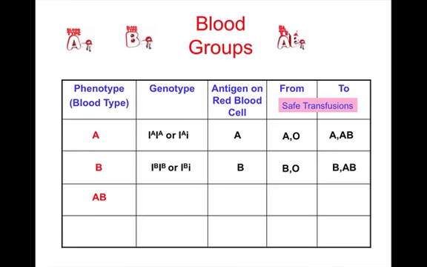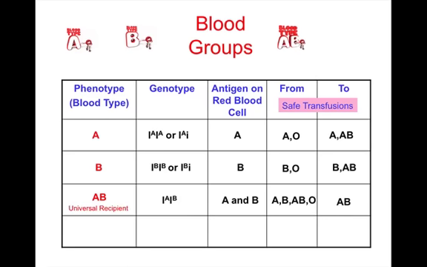If your phenotype is AB, your genotype is then one letter of each. The antigen on the red blood cell is both A and B. And if you have AB blood, you can receive blood from any of the blood types, A, B, AB, or O. But you can only give blood to a person who has AB blood.